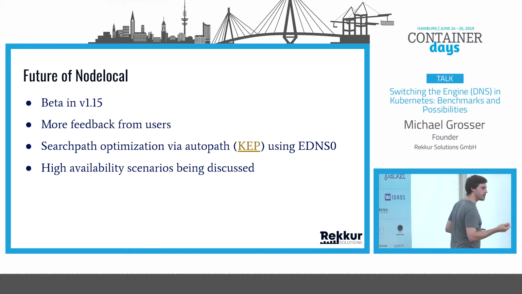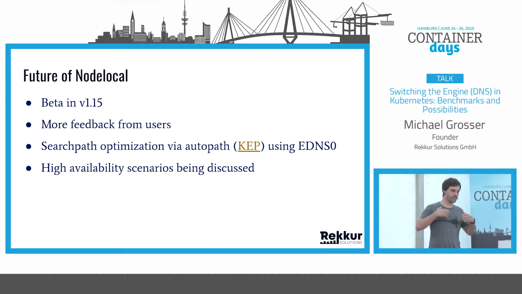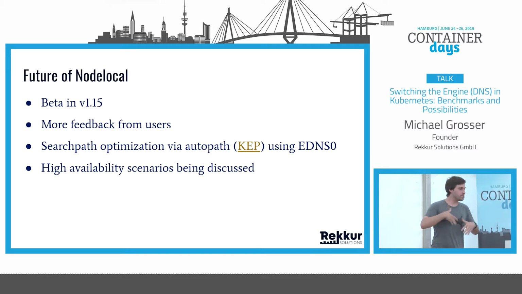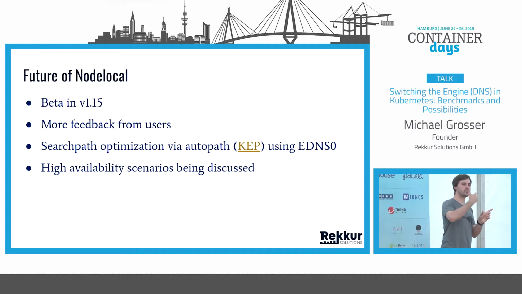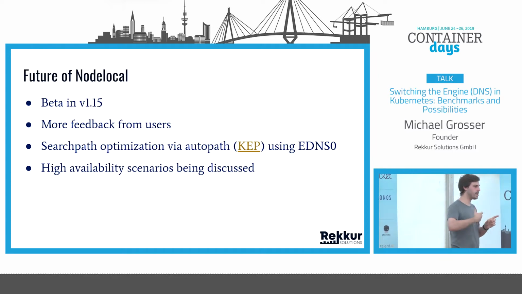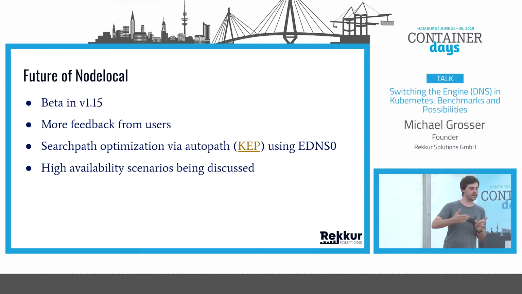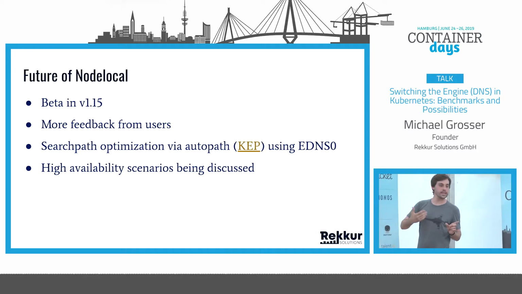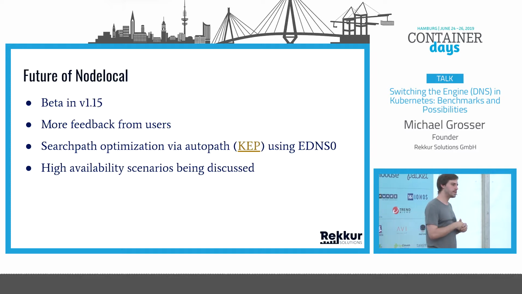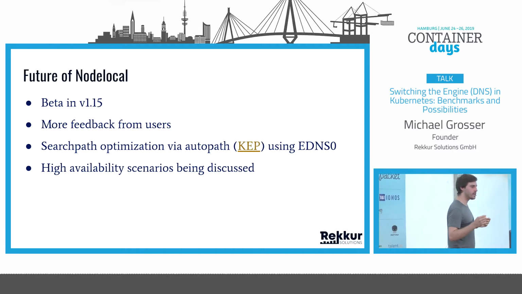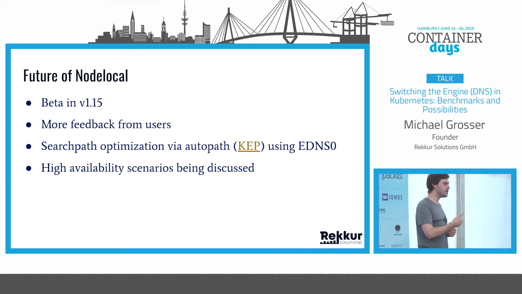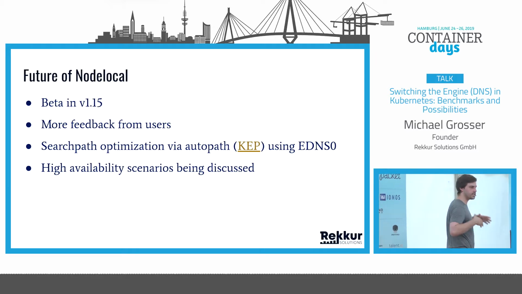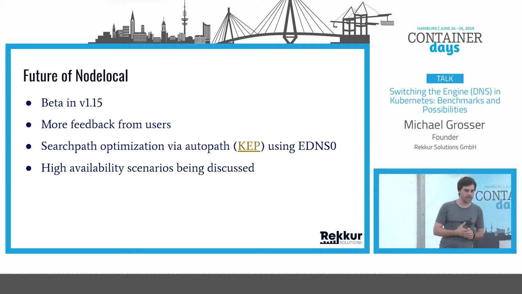So the client queries for, say, your application.service, and usually it will go through the whole search path. But the query gets metadata about which pod in which namespace is actually creating the query. Then the global DNS cluster service can use that metadata to resolve the whole thing and give back the final answer. So you will have one query instead of the 10 different ones for the whole search path.